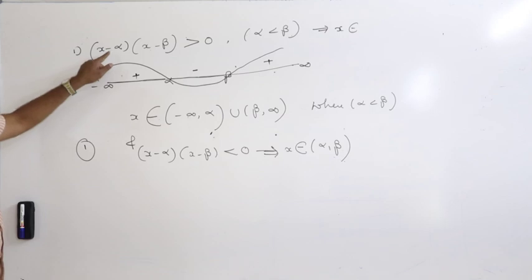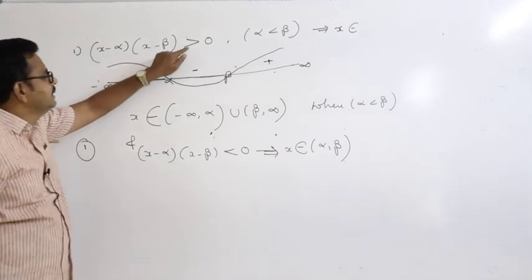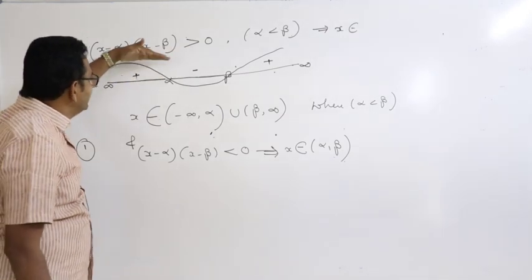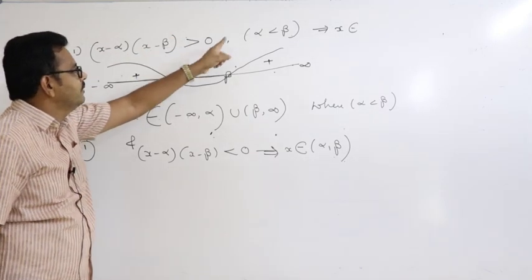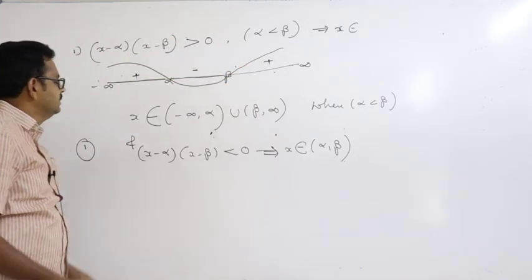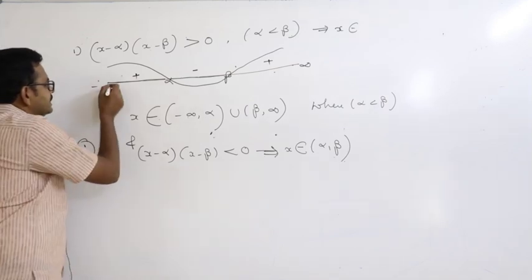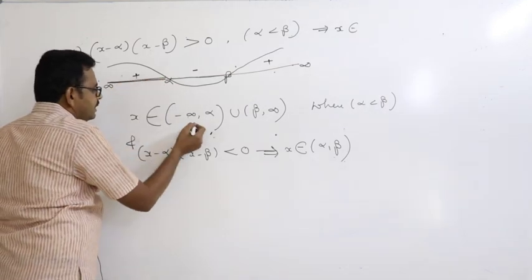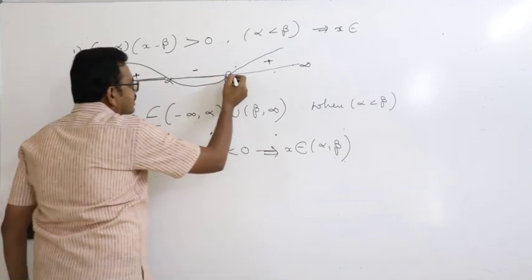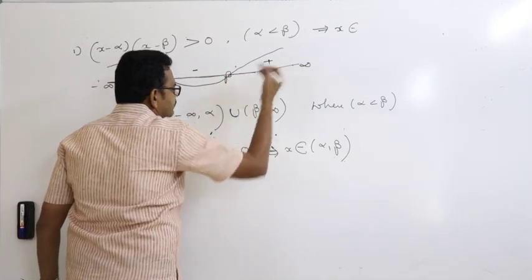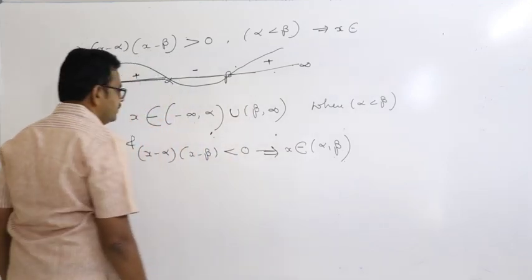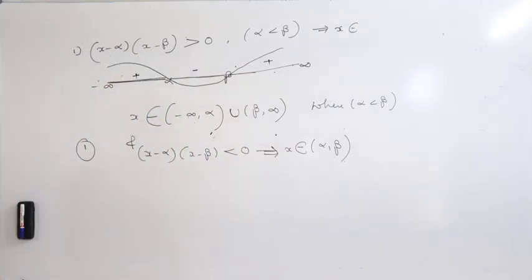x minus alpha into x minus beta is greater than 0, where this expression is positive, where alpha is less than beta: x belongs to minus infinity comma alpha, it is positive, and this interval union beta comma infinity, this is positive, where alpha is less than beta.